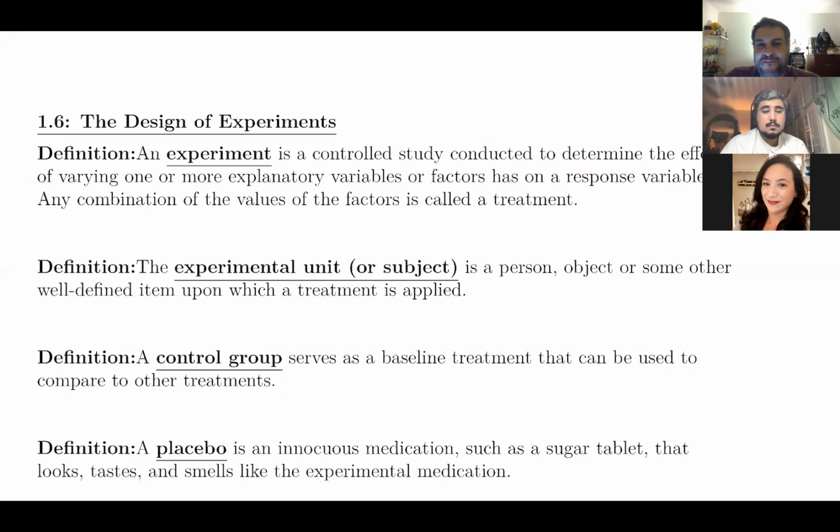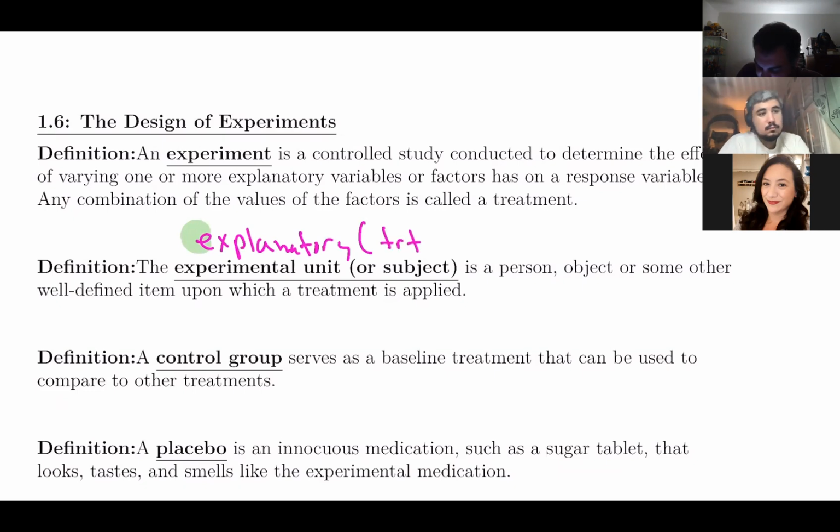So you're gonna collect their weight. We're gonna see how much they weighed before they took the diet pill, and then how much they weighed after they took the diet pill. So we're gonna do before and after. So I'll write that here. So explanatory will be treatment.